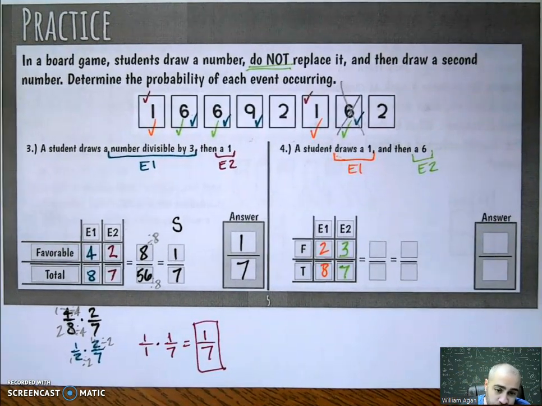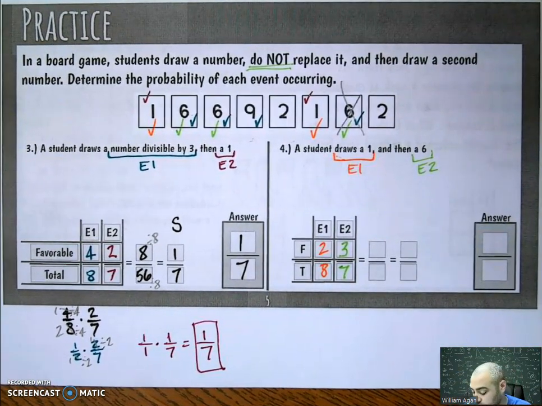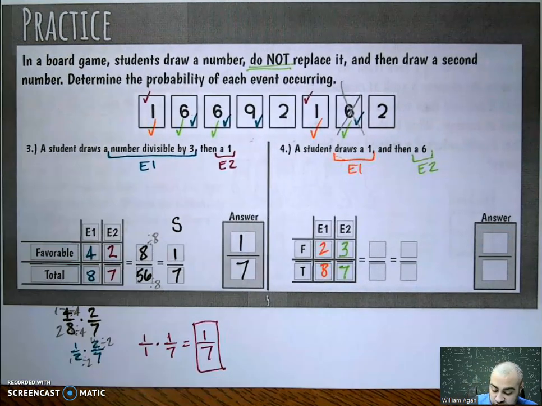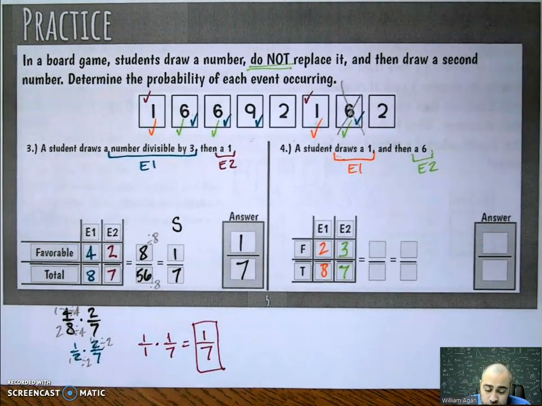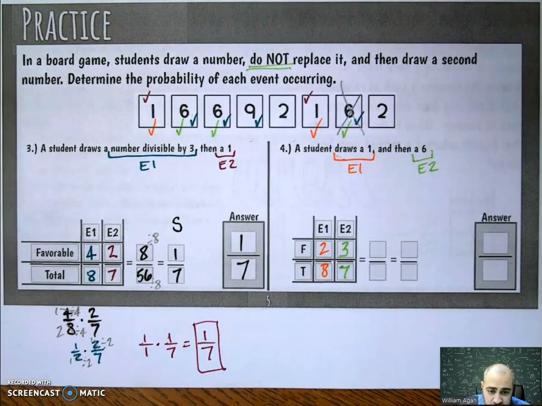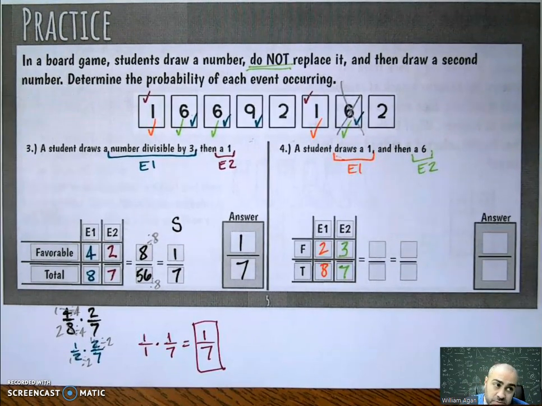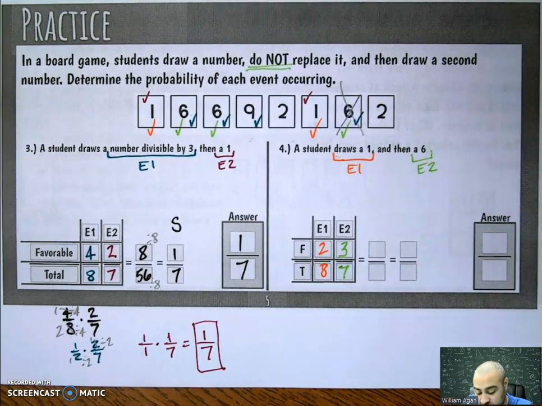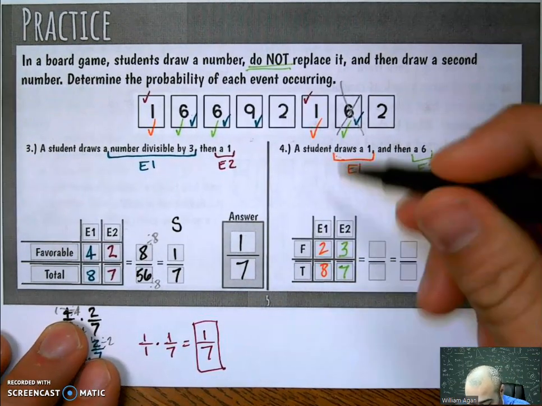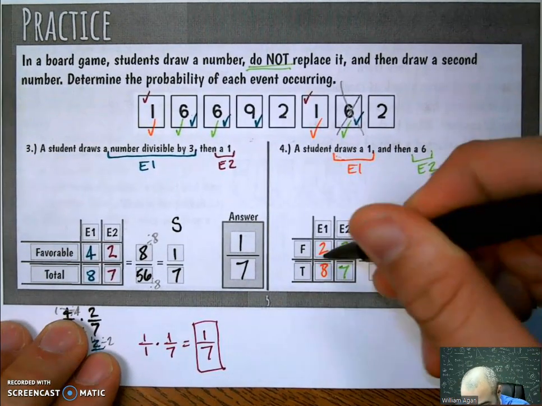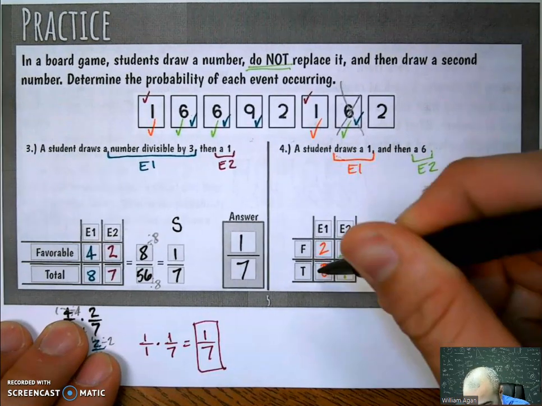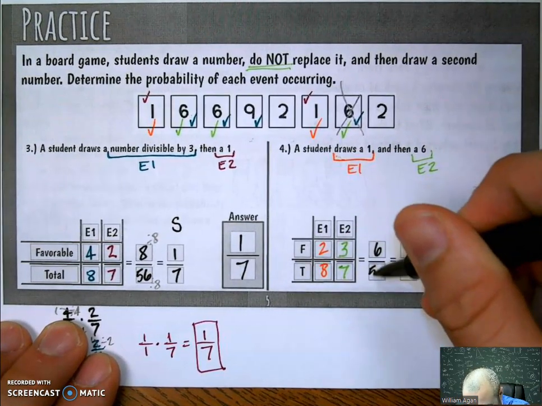That's 1 less because you didn't put that card back. So that is your table. Now all you have to do is multiply and simplify, or simplify then multiply. Okay, I'm going to do it this way first. I multiply straight across. 2 times 3 gives you 6, and 8 times 7 gives you 56.